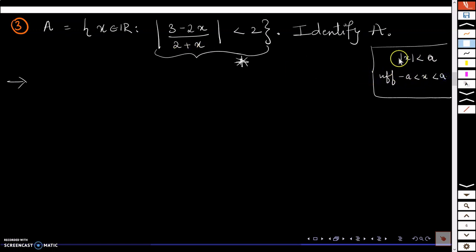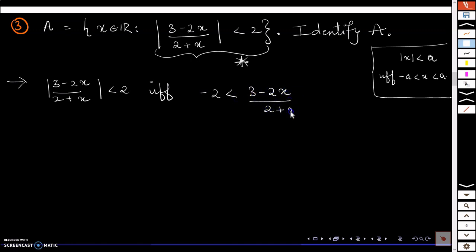Now instead of x inside the modulus, I have (3 minus 2x) upon (2 plus x), and instead of a, I have 2 here. So if I apply this property here, then this is same as saying this modulus is less than 2 if and only if minus 2 is less than (3 minus 2x) upon (2 plus x), and that is less than 2.